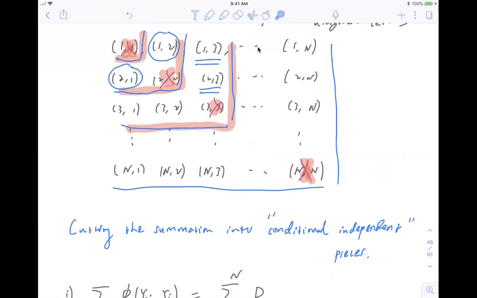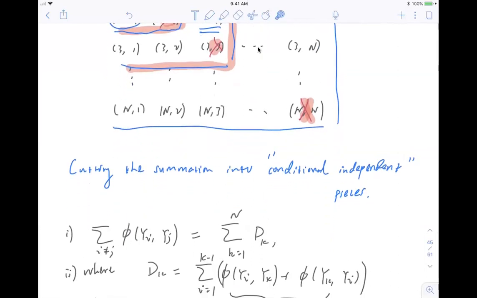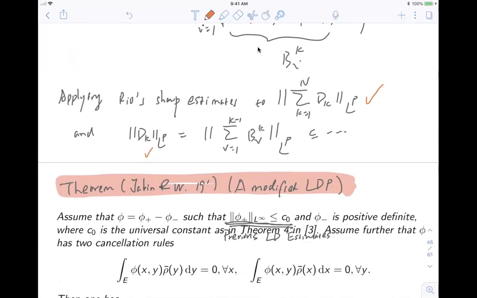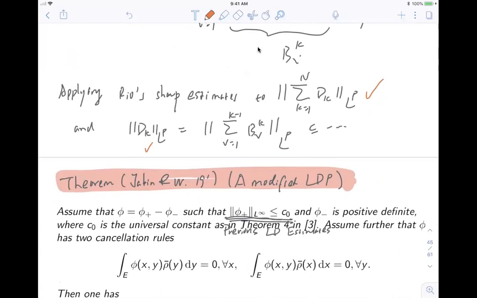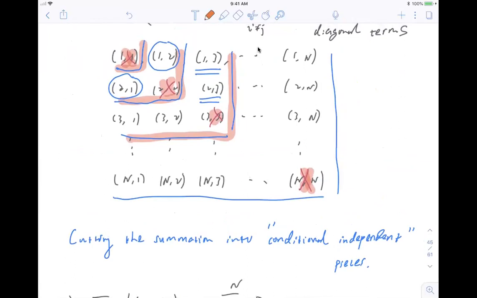If you condition on the first two levels, then you get mean 0. So we can use the very sharp estimate due to Rio twice. First you estimate this, and then you estimate the L^p norm of d_k. If you do this twice, you can get the right estimate. That's the idea.